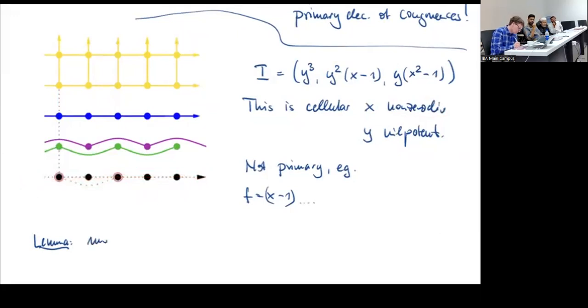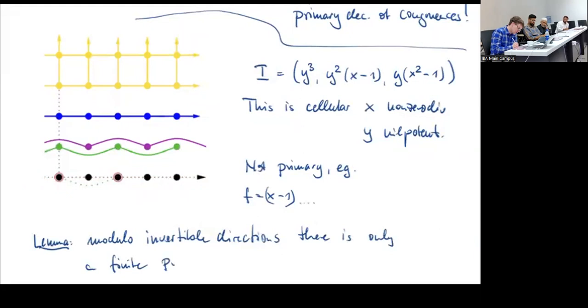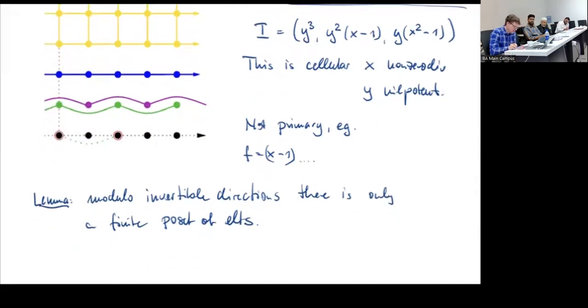So modulo the invertible directions or the regular directions, there is only a finite coset of elements. In this case, if you go modulo the x direction, only the y direction is left. So I have my finite coset of these 4 elements. These are the 4 elements, and we search for witnesses there.